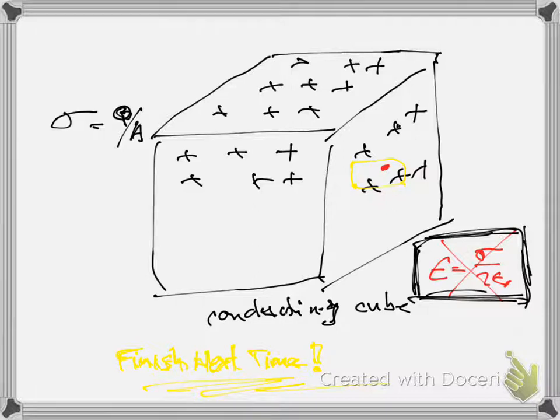And the difference is, think about the two sides of the plane. Outside the conducting solid cube, there is an electric field, but inside the conducting solid cube, there is not an electric field. So I'm going to go to another page and draw a plane of charge.